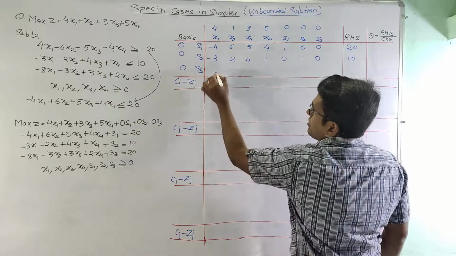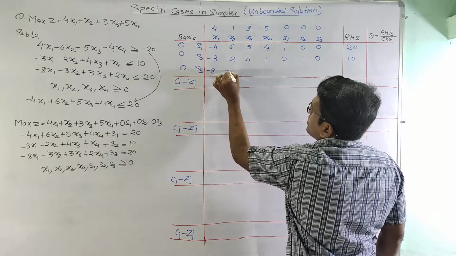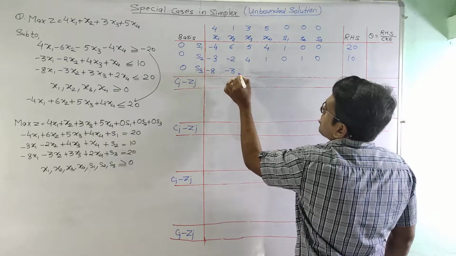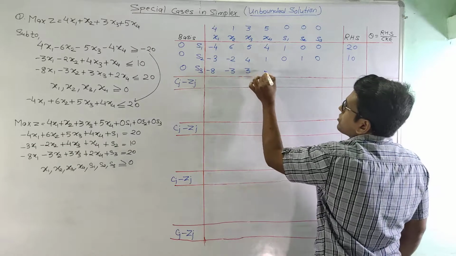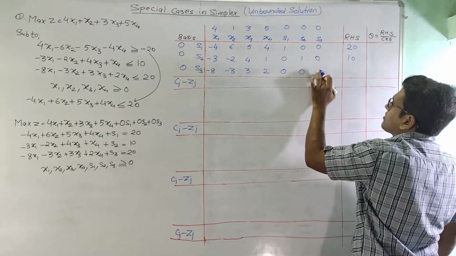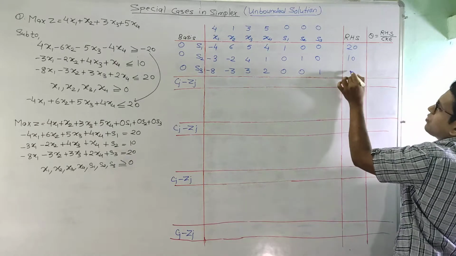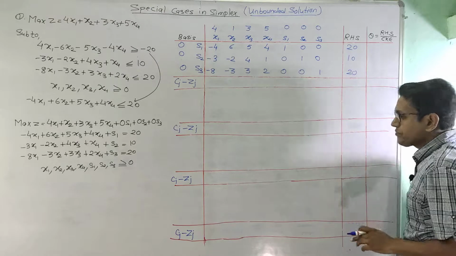The third equation is -8, -3, +3, +2, 0, 0, 1, sorry, it is 1, this will be 1, equal to 20.